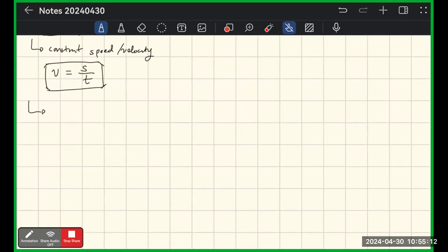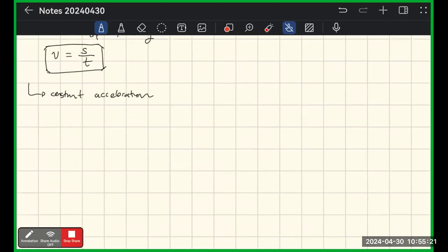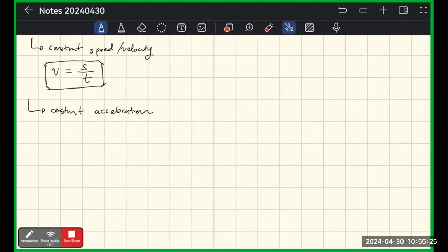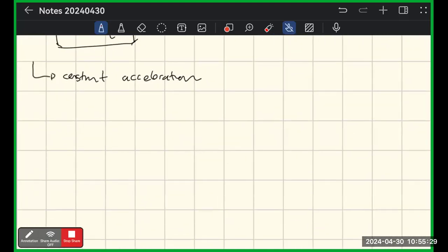And the next one is that we have constant acceleration, which for this constant acceleration, we have three formulas that are important to memorize. So the first thing is that a equals delta v over time.